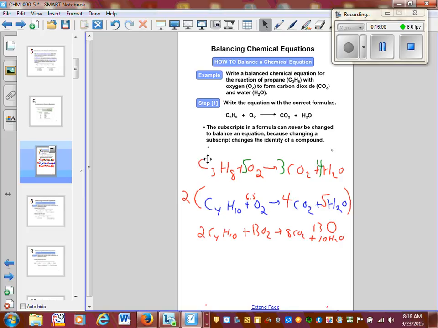So that's the balanced equation. If you were going to the lab to do it, you have to have 2 molecules of butane react with 13 molecules of oxygen, and you'll end up with 8 molecules of carbon dioxide and 10 molecules of water.